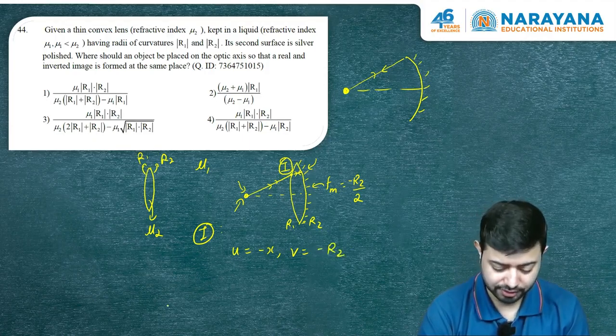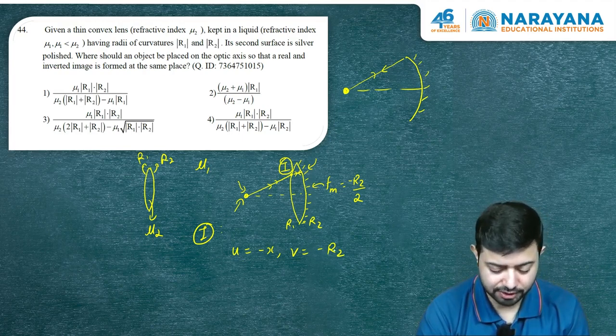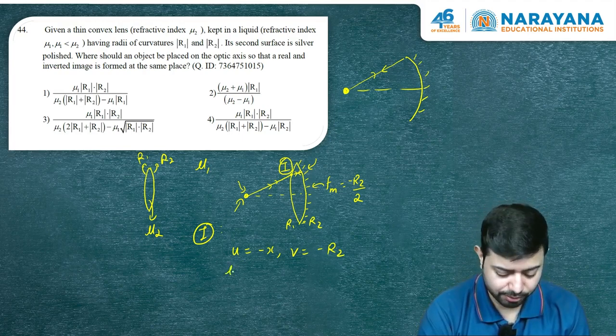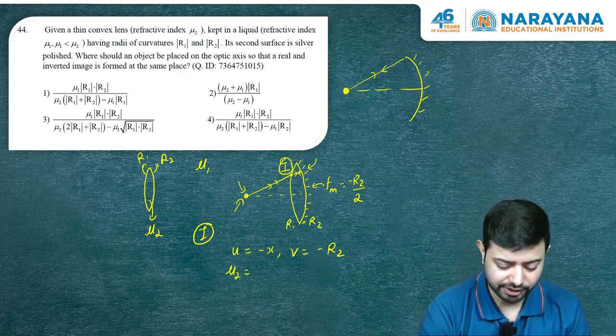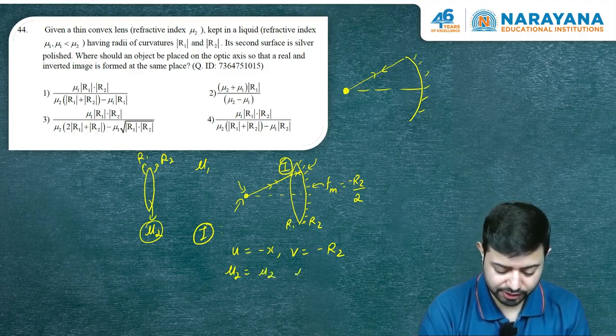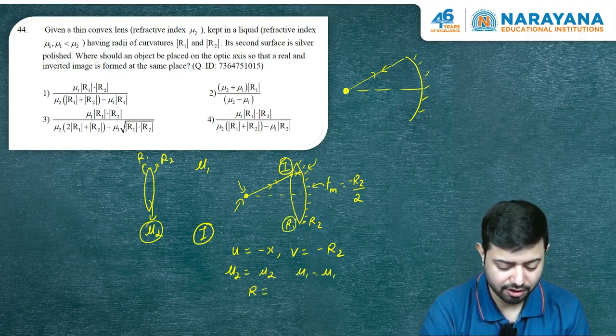Now, this is u equals minus x, v is minus R2. Now, can you apply the formula? Yes. What should mu 2 be? Mu 2 should be the medium, which one? This one. And then my mu 1 is this. What about the radius of curvature? R1 is there, so it is plus R1.